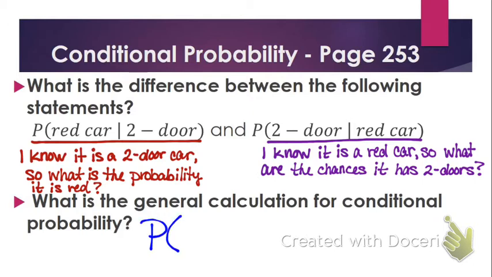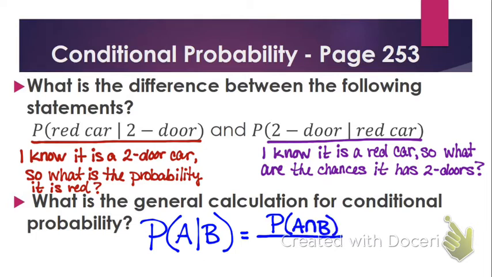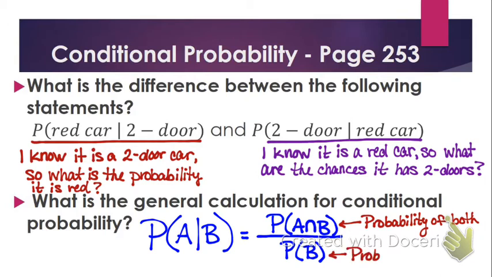We would say the probability of A given that B is equal to, up in the numerator, we have the probability of A and B over the probability of just event B. So that is our general calculation.